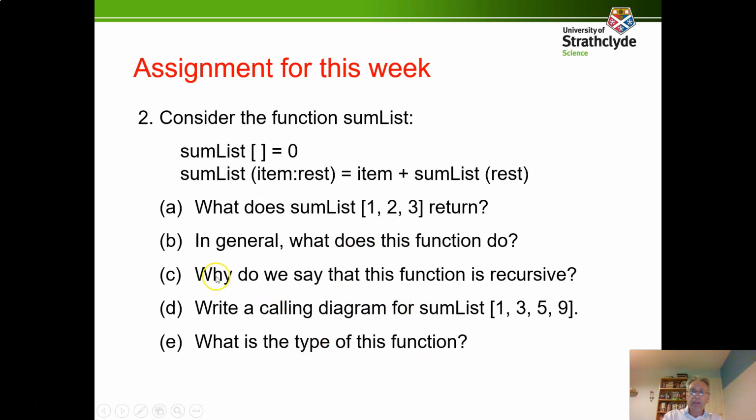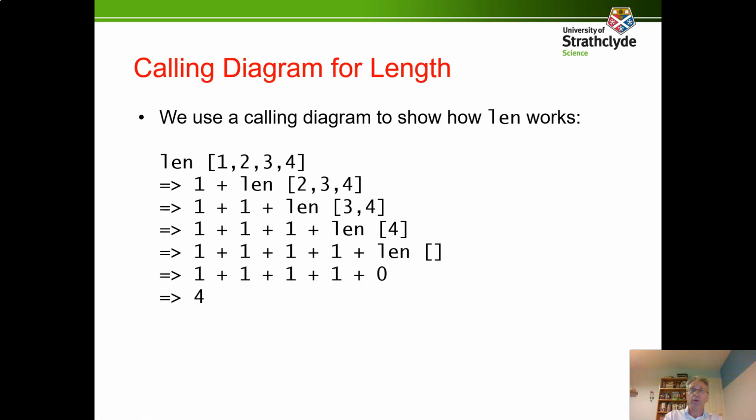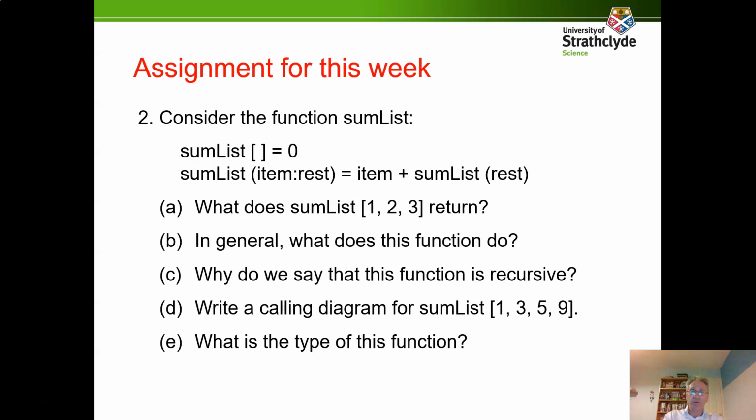Why do we say that this function is recursive? Then I'd like you to write out a calling diagram for SumList 1, 3, 5, 9. So in other words, do a similar job to the one that we did there for length. Do that on SumList. And then finally, with all of the information that you've got in this lecture, tell me what the type of that function is.